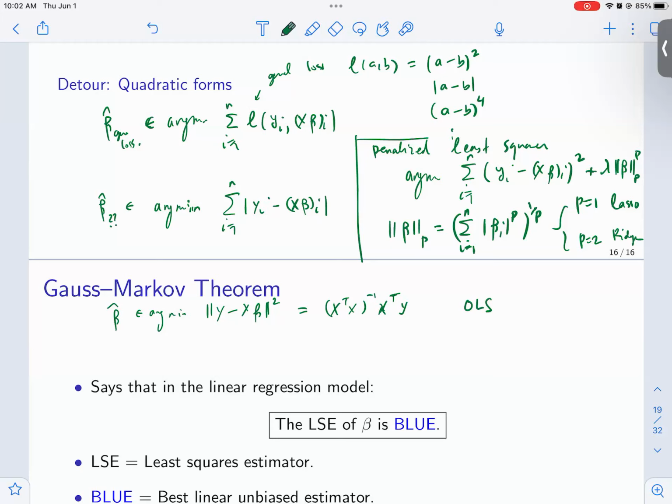And p equal to 2 gives you, think of it as removing the 1 over p, the ridge regression, the summation from i equal 1 to n of beta_i squared. So if you add the penalty, this has the effect which is called regularization.